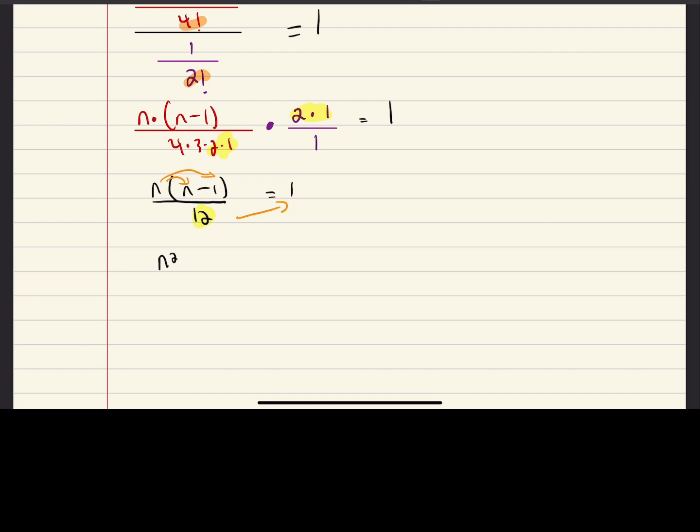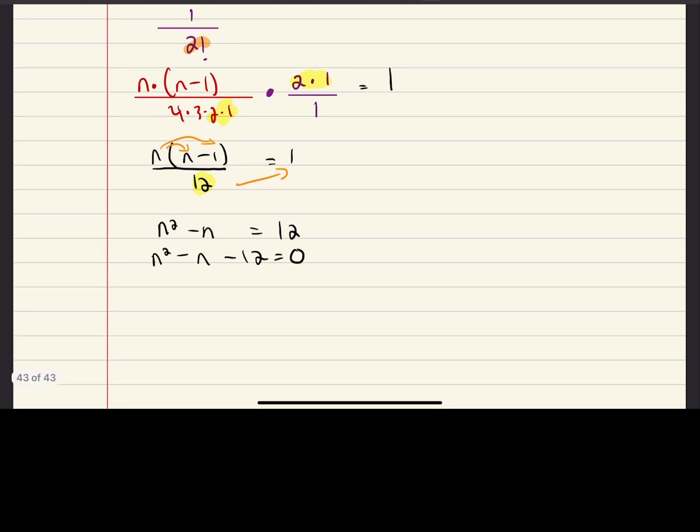So n squared minus n is equal to 12. And of course, we can convert that to a quadratic form: n squared minus n minus 12 equals 0. And then we can factor this or apply the quadratic equation, whichever way you like, in order to obtain the right answer. So I want you to go ahead and try this part out yourself.